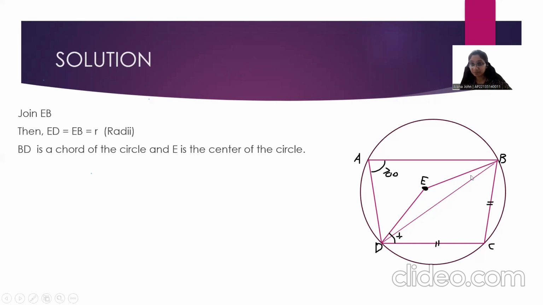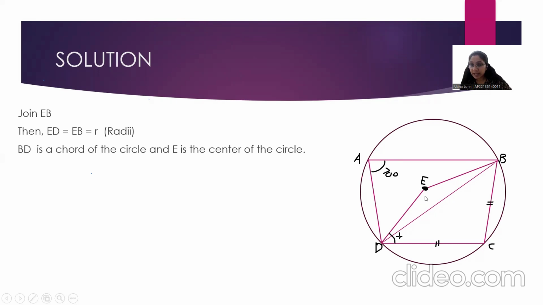See here, after joining BD, this 70 degree becomes the angle subtended by the chord BD at a point on the circle, right? Then we have the theorem that the angle subtended by a chord at any point on the circle will be half of the angle subtended at the center.